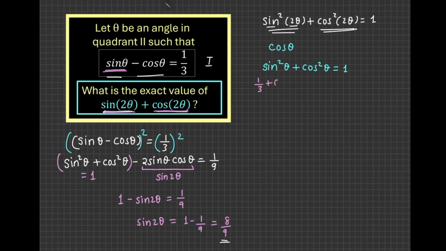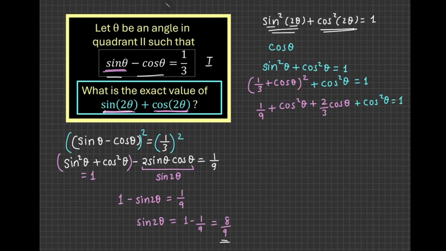So let's write that here: 1/3 plus cosine theta, squared, plus cosine squared theta equals 1. All right. Square the term in the parentheses, and what do we get? 1/9 plus cosine squared theta plus 2/3 cosine theta plus cosine squared theta equals 1.